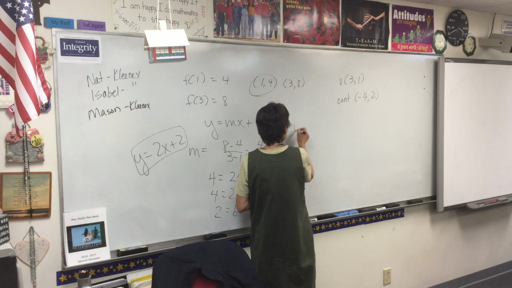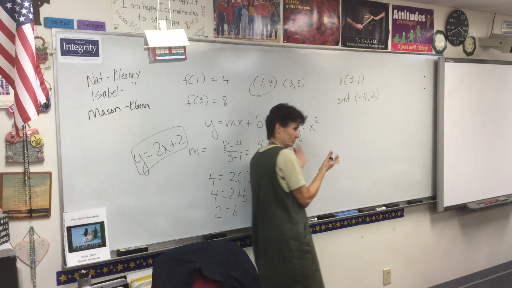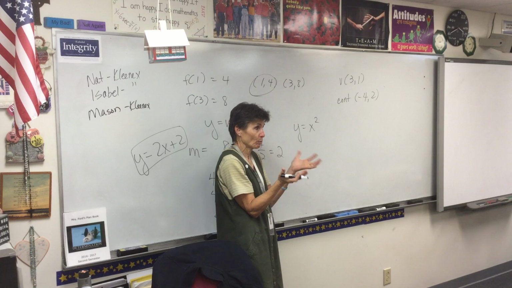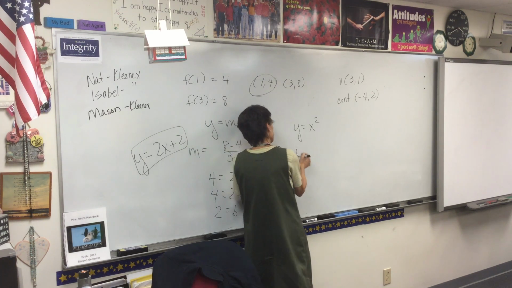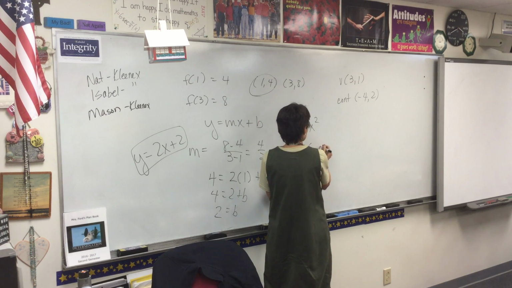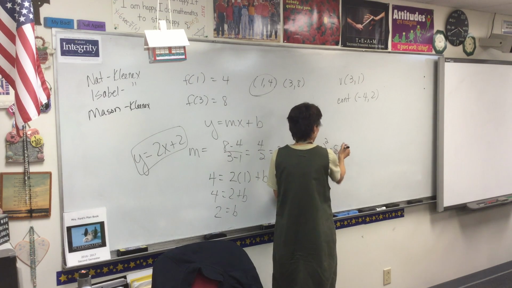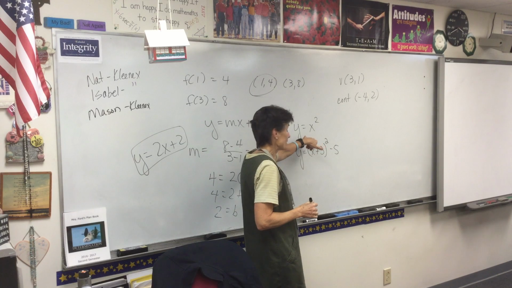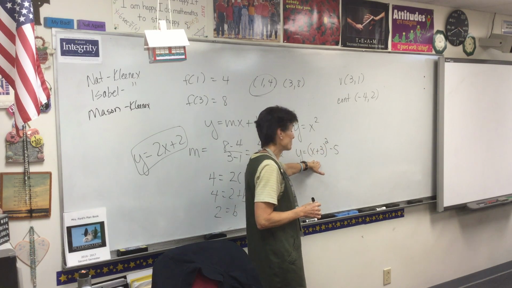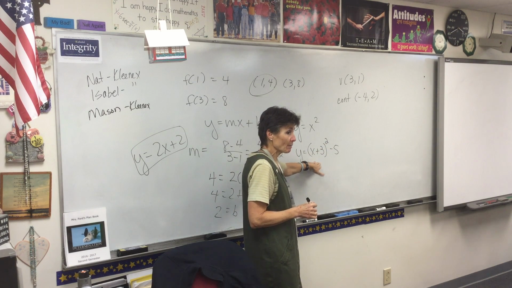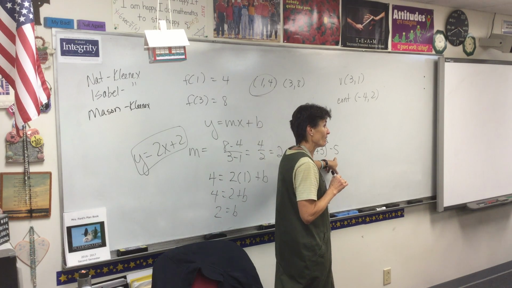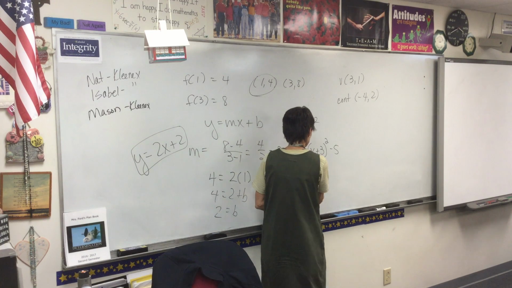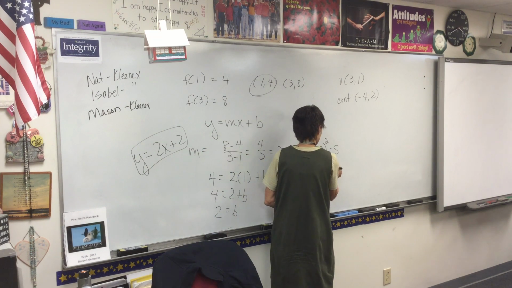We started with the equation y equals x squared. That's your BFF, parabola, right? Then we added things to it. So when we did (x plus 3) squared minus 5, that's this same parabola, but it's been moved, right? How has it been moved? Left 3, down 5. So this vertex would be at -3, -5.